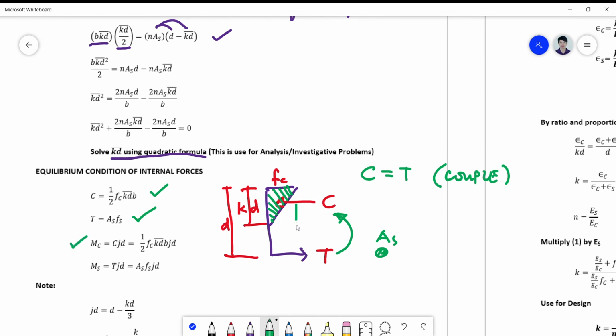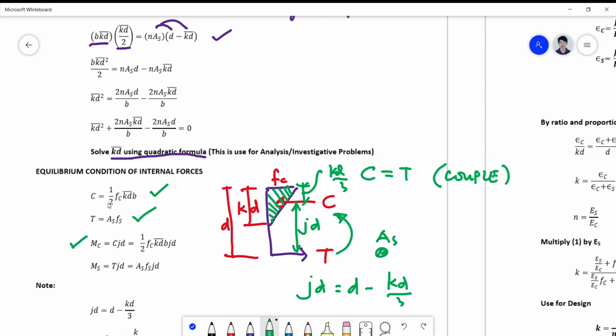Okay, so what is jd? jd is this one here, where jd is simply equal to d minus 1/3 of kd. So d minus kd over 3. So this is now Mc equals C times jd, and Ms is T times jd.